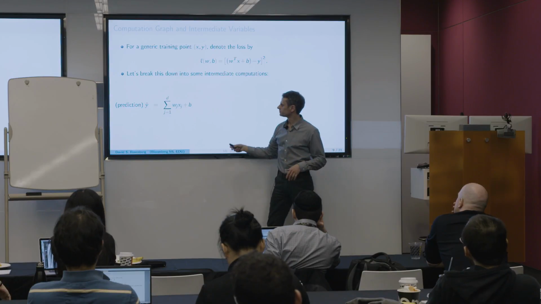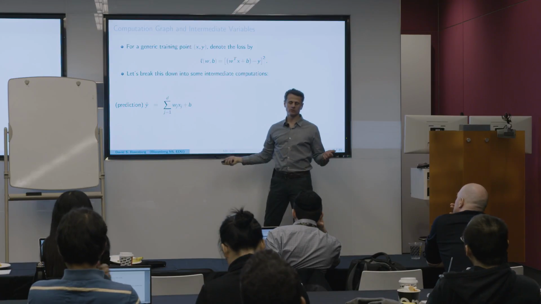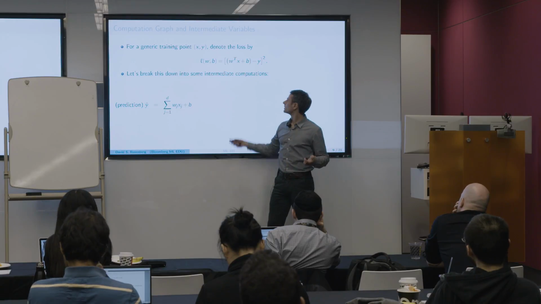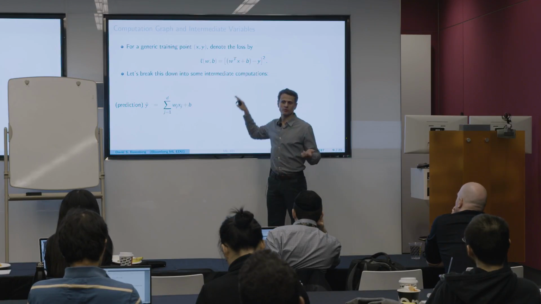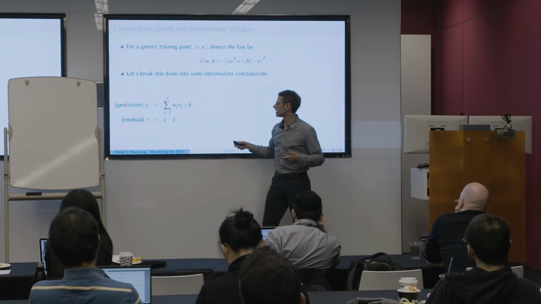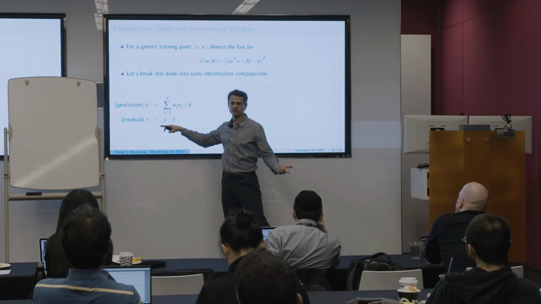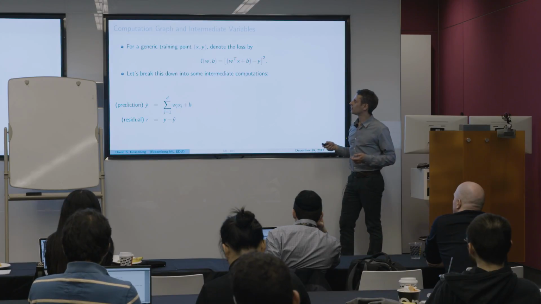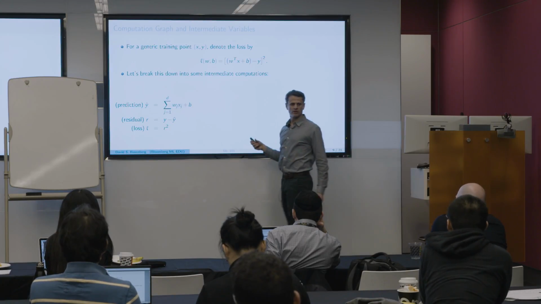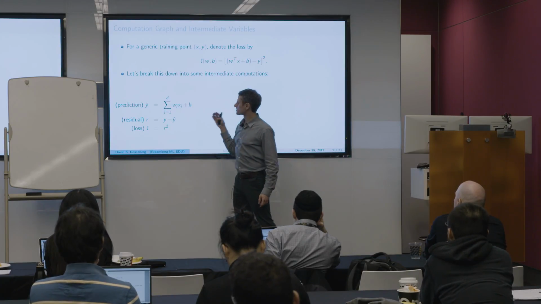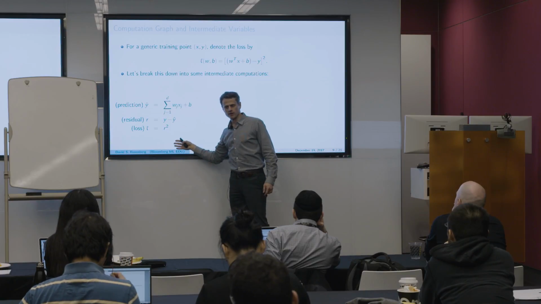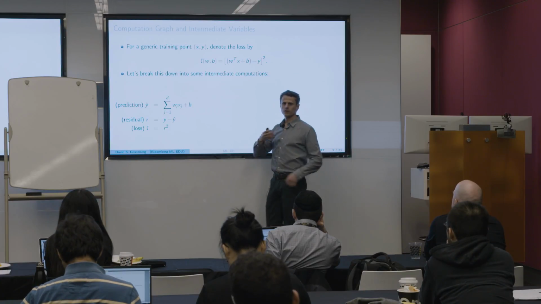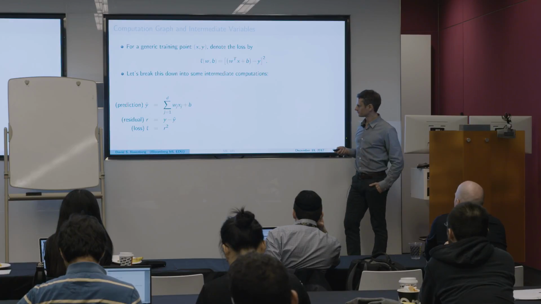That's our prediction. And then what next do we need? This difference, that's the residual, right? So we can take another step and say the residual r would be y minus y hat. And then finally, the loss would be just the square of the residual. So you can view this loss as the composition of three different functions.